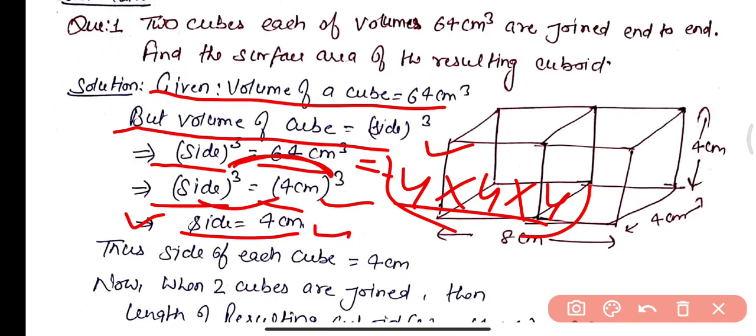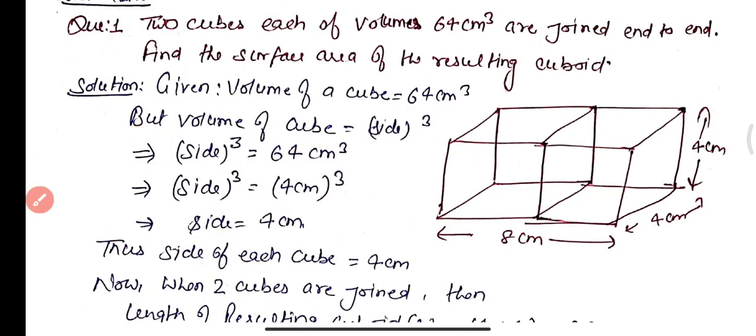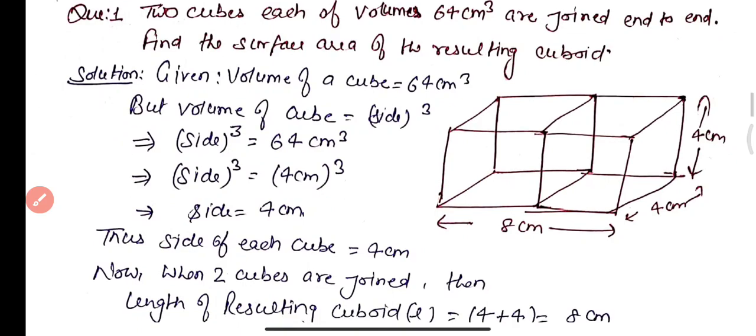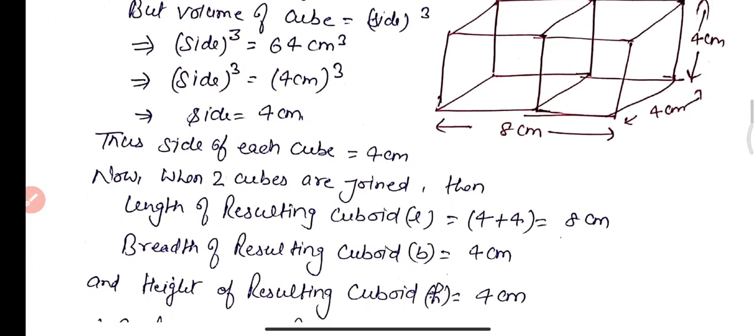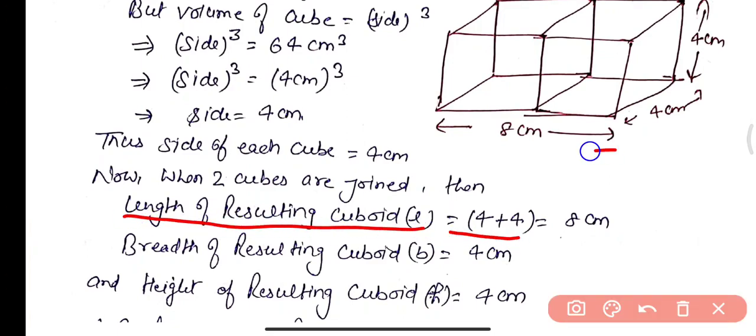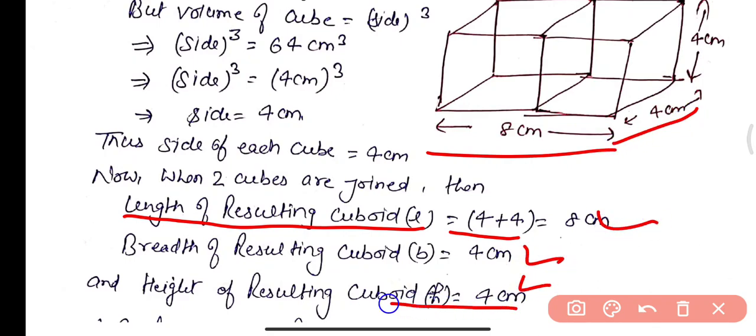So now as side of each cube is 4 cm, and both the cubes are joined end to end, the length of resulting cuboid will be 4 plus 4, you can see on the screen here. This will become 8 cm. Breadth will remain same, that is 4 cm, and height of cuboid will be 4 cm. So these are the dimensions of resulting cuboid.